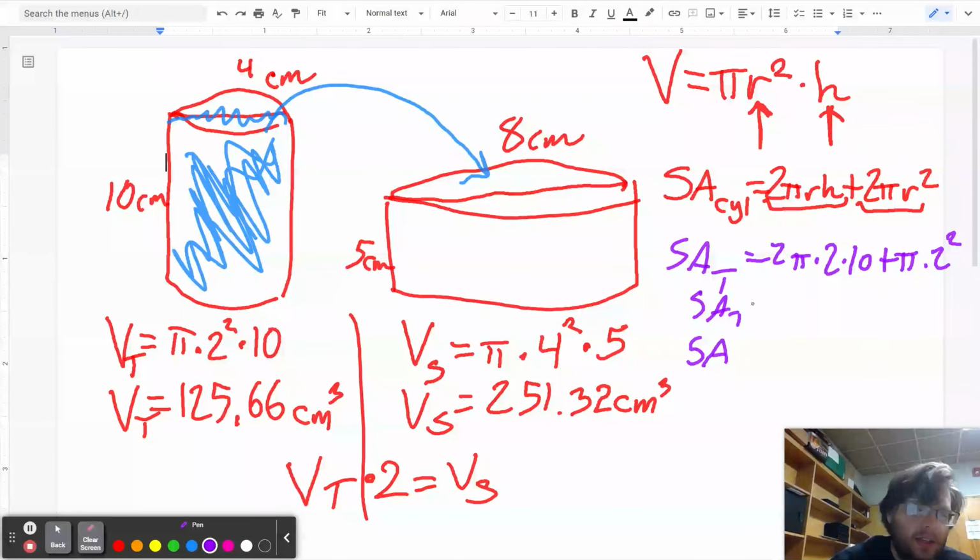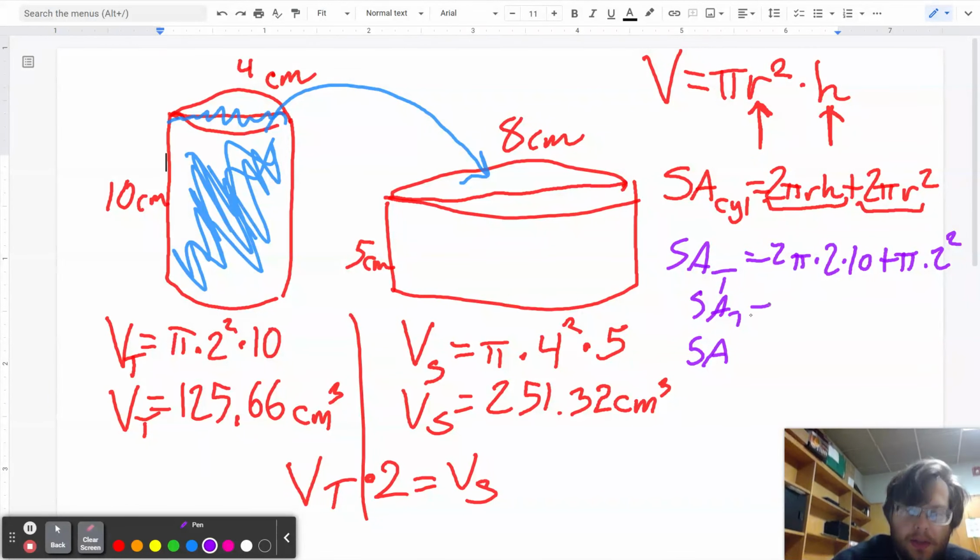You can type all that into your calculator as one long thing, 2 pi times 2 times 10 plus pi times 2 squared. Oops, I typed in the wrong thing. Trying to talk and type at the same time.